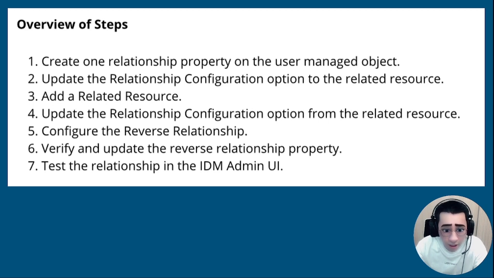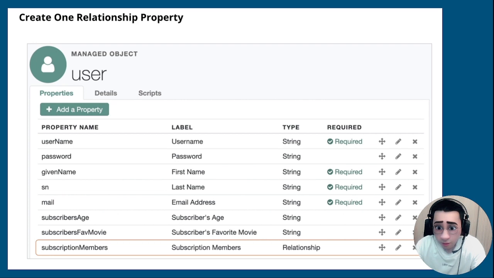Then add the related resource, update the relationship configuration from the related resource, then configure the reverse relationship, then verify and update the reverse relationship property. At the end, we have to test the relationship in the admin UI by actually creating entries in the various user accounts.